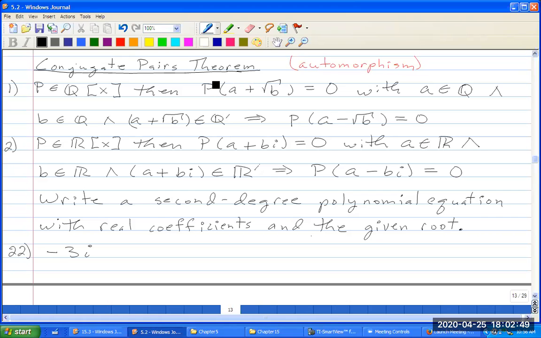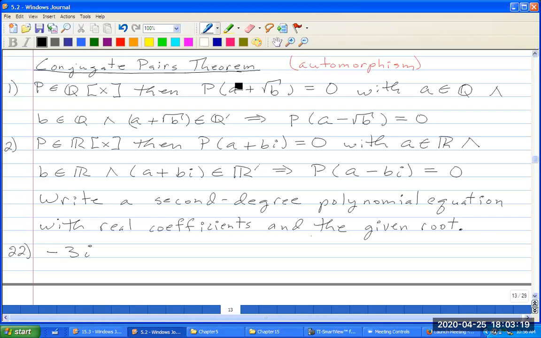Then, if A plus radical B is a root of your polynomial, with A being a rational number and B being a rational number, such that A plus radical B is irrational, then A minus radical B is also a root.